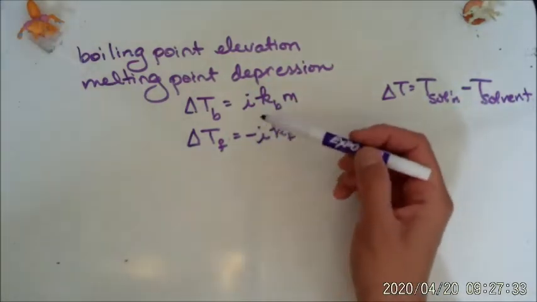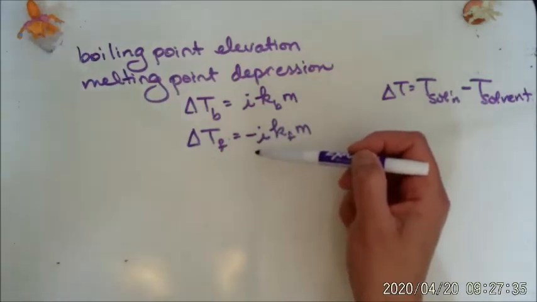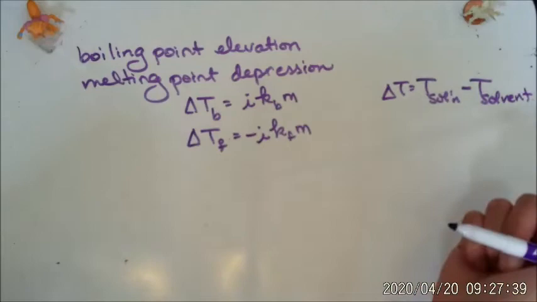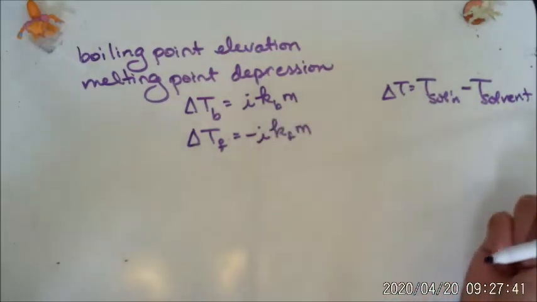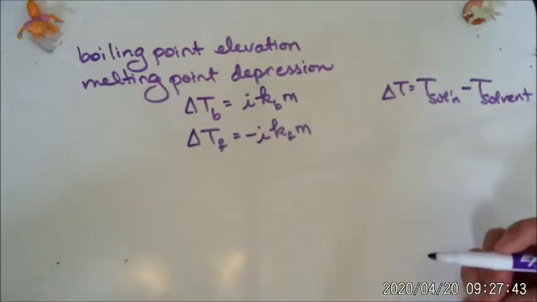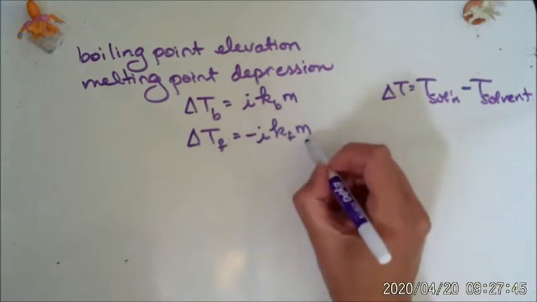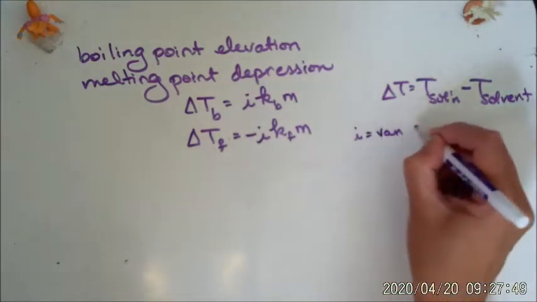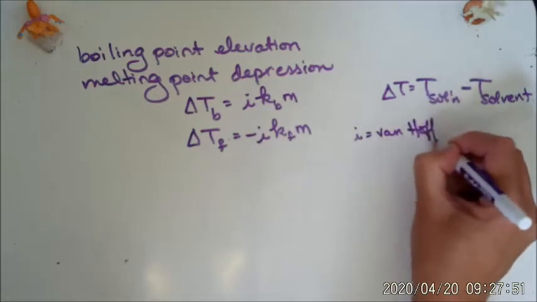The i is going to be solute dependent. For a molecular solute, it's 1. If it's ionic and breaks up into various ions, it's the number of ions that form when it dissolves. This is i, the Van't Hoff factor.